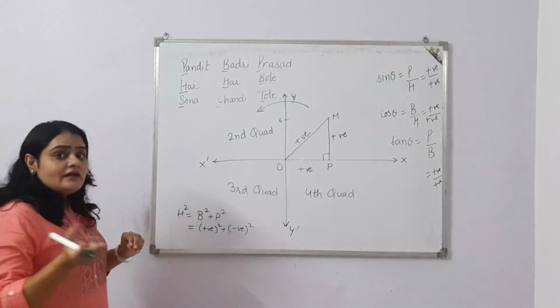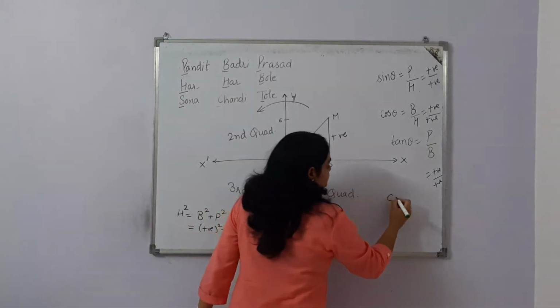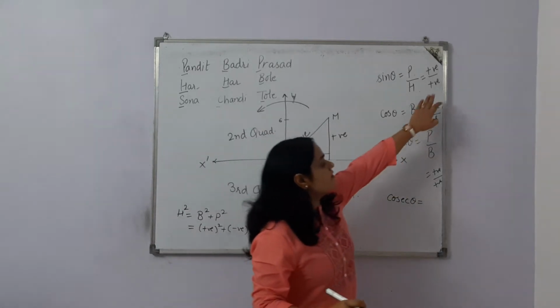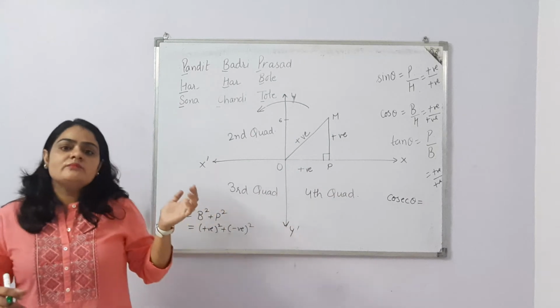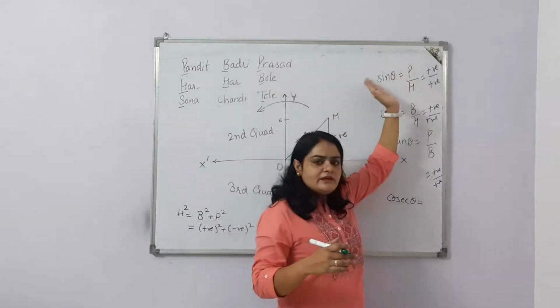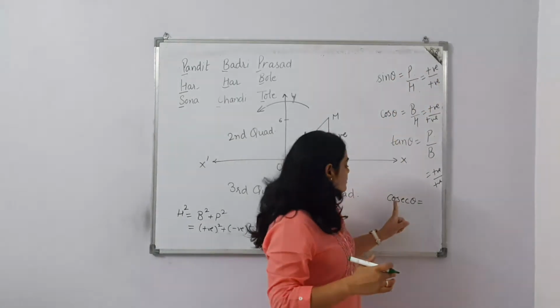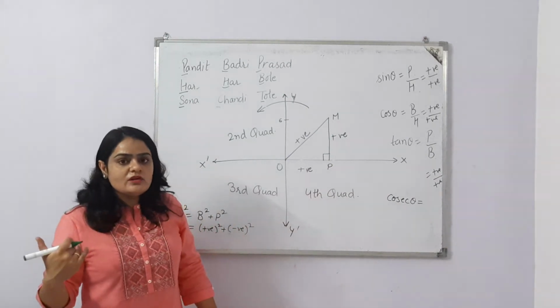Same as in the case of reciprocals. Sine theta's reciprocal is cosecant theta. If sine theta's value is, let's say, 1 by 2, then cosecant theta's value will be 2 by 1, of course the reciprocal, 1 by sine.